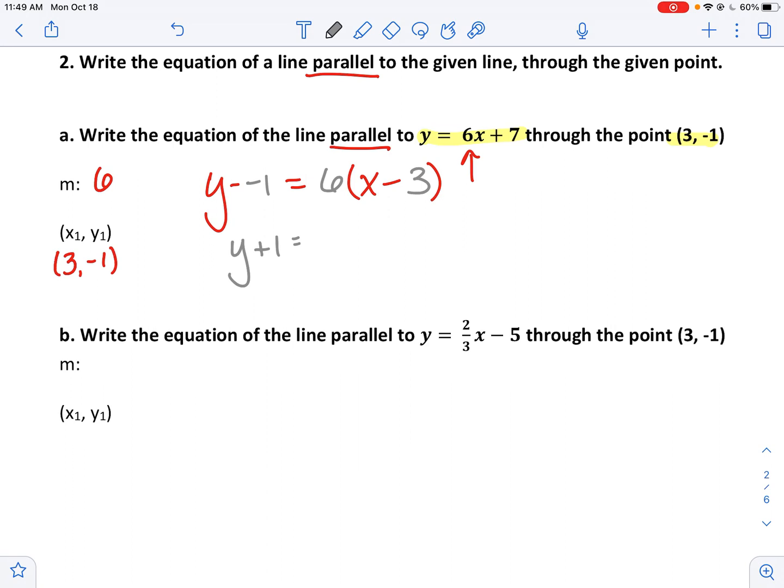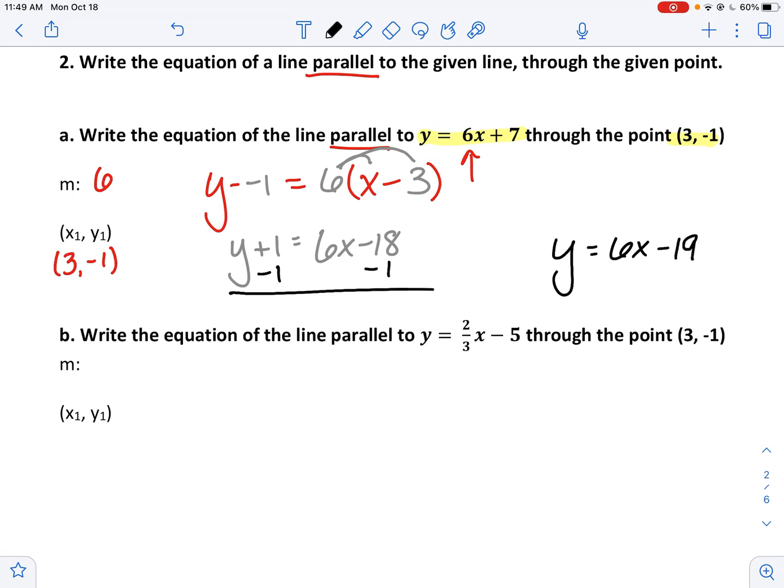And if I distribute this 6 to both parts, I get 6x minus 18. Now my very last step, I want to get the y by itself. I see plus 1, so I will minus 1 on both sides. And I'm going to get a final answer of y equals 6x minus 19. I had 18 negatives, I subtracted one more to get 19.